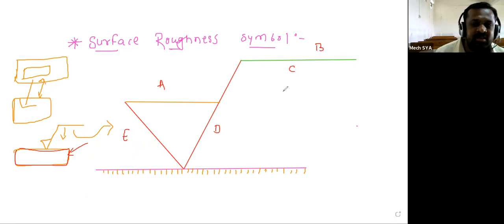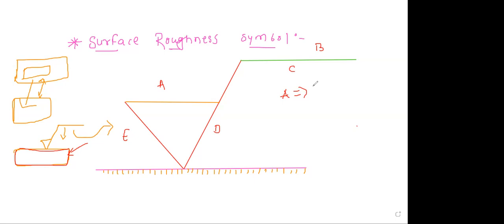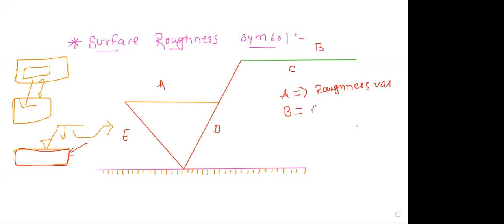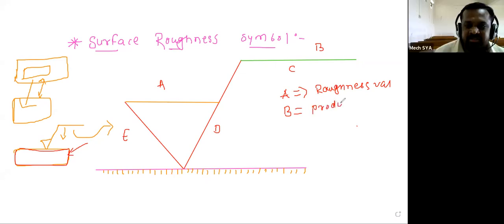Please tell me what is the meaning of A? Roughness value. Good. Then what is the meaning of B? What does B indicate? Production method. Then C.